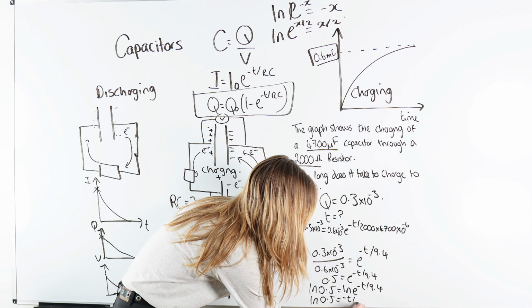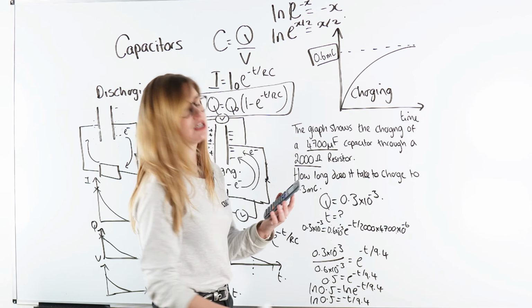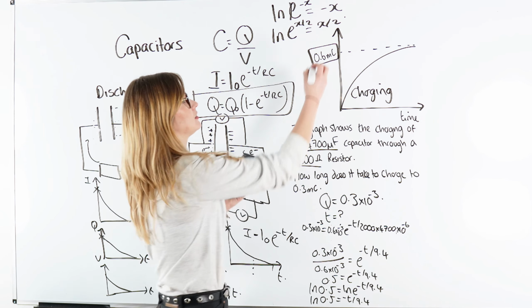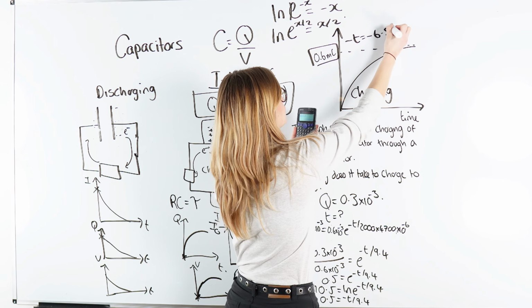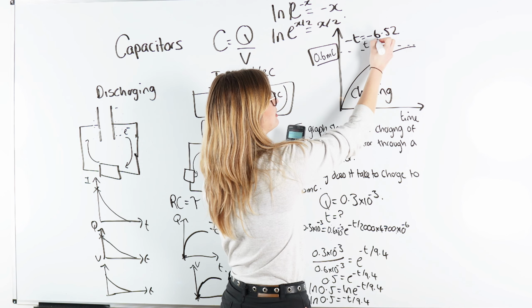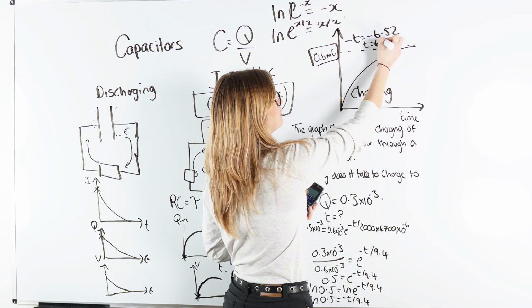All I have to do is take the natural log of 0.5, and then multiply by 9.4, and we're going to get what negative t is. So negative t in my calculator is equal to negative 6.52. Therefore, t is going to be 6.52 seconds. So that's the time it takes for the capacitor to get to that charge.